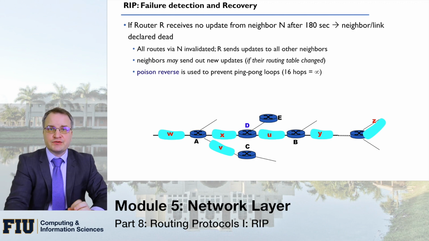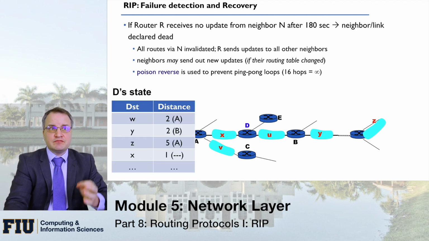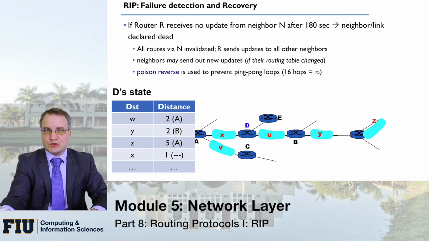As a small illustration, consider the state at node D. Initially, assume that D already calculated all the state, or received the previous information, and it knows that to reach W, it needs to go to A, at a cost of 2. To go to Y, it needs to go to B, Z, and so forth.